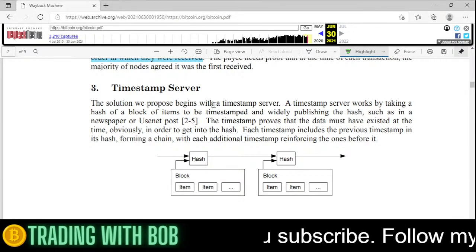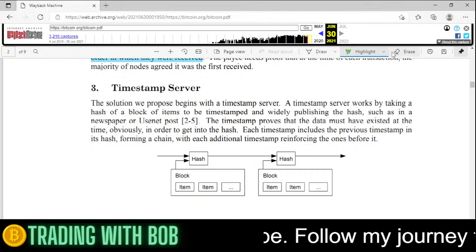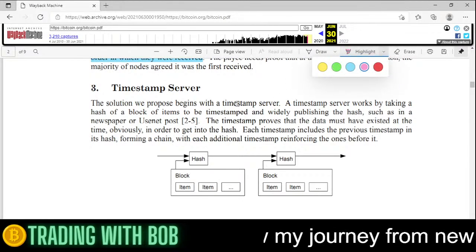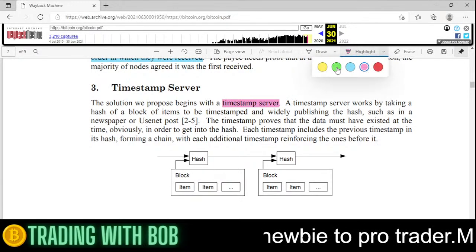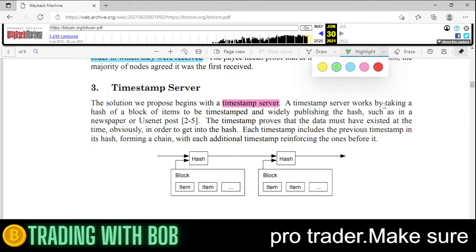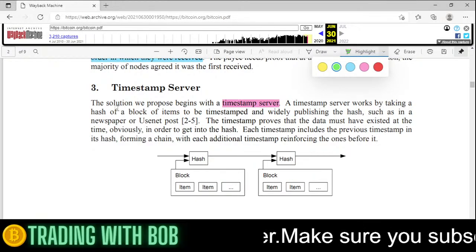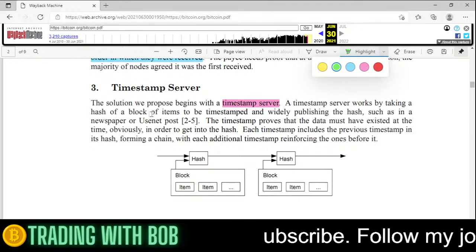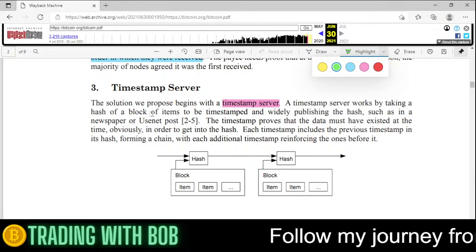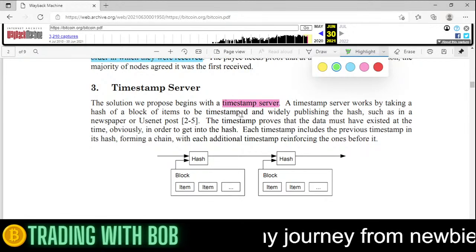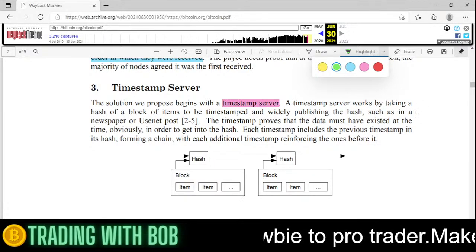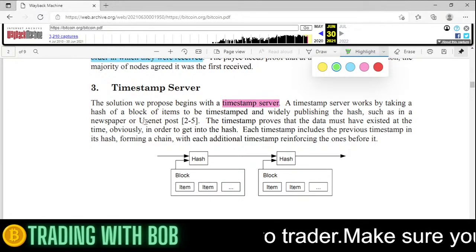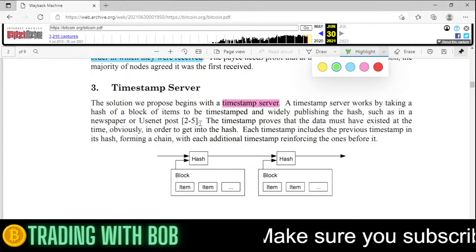The solution we propose begins with a timestamp server. What is a timestamp server? I don't know. Let's put that there. A timestamp server works by taking a hash of a block of items to be timestamped and widely publishing the hash, such as in a newspaper or Usenet post.